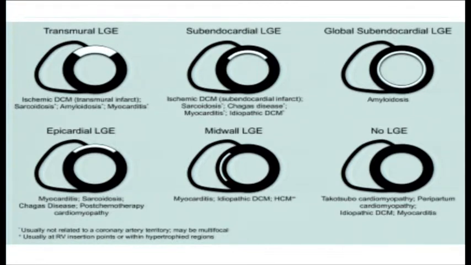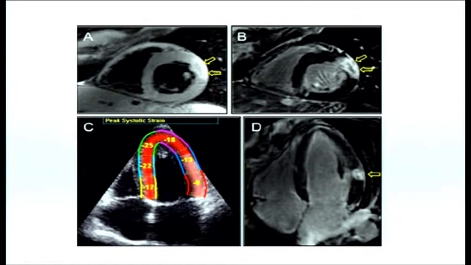Epicardial LGE you see in patients with sarcoidosis and in some infiltrative cardiomyopathies. Myocarditis and idiopathic dilated cardiomyopathy can give rise to what is called mid-wall late gadolinium enhancement. And sometimes you won't see any gadolinium enhancement in patients with stress cardiomyopathy like Takotsubo or peripartum cardiomyopathy, and some patients with idiopathic cardiomyopathy.